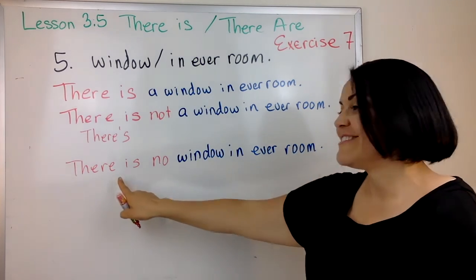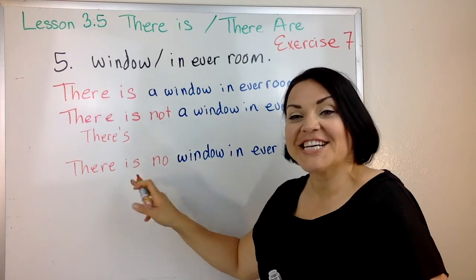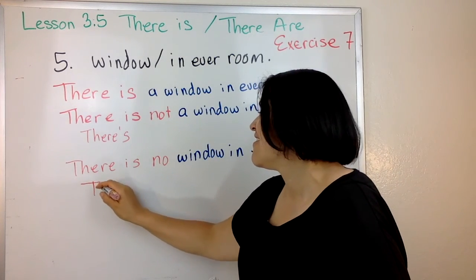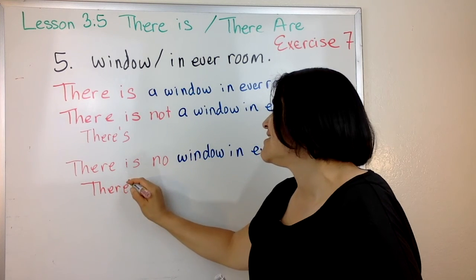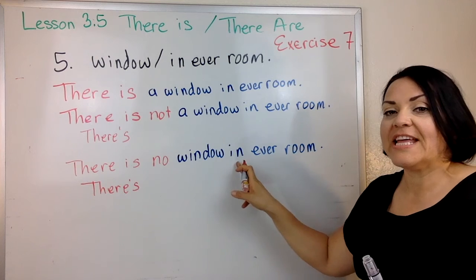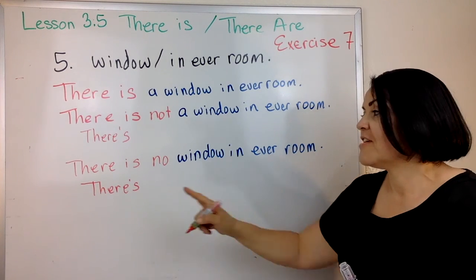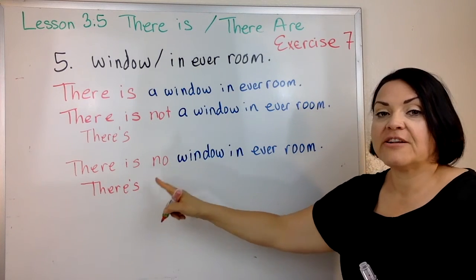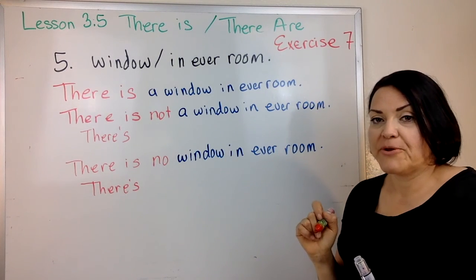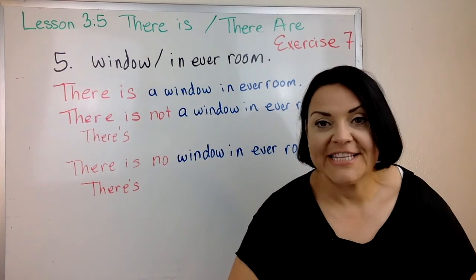And then, as good old Americans, we will make this a contraction. There's no window in every room. There's no window. There is no window. There's no window in every room. There's no window. All right.